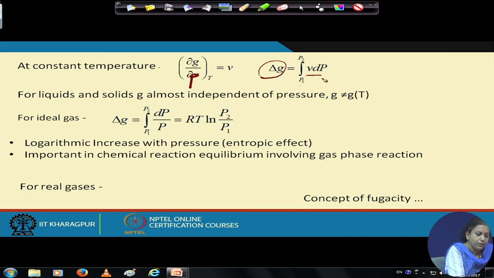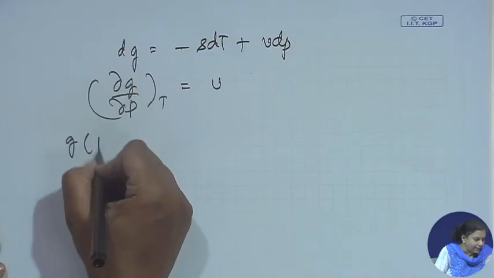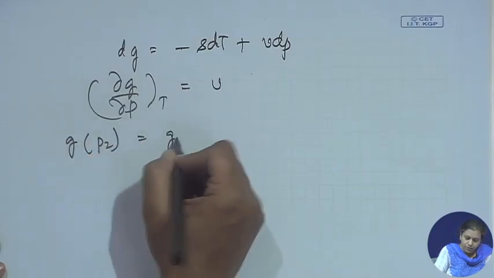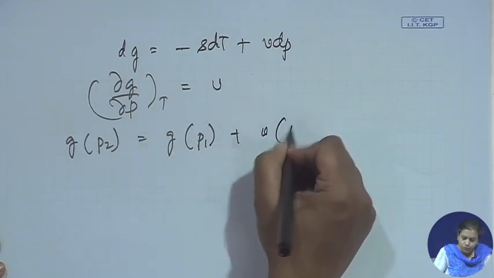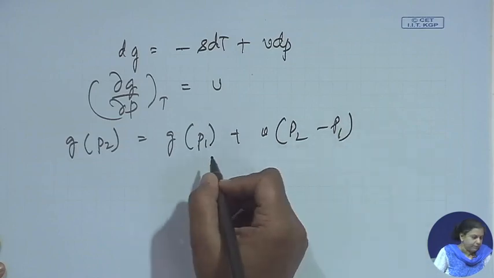So, for solids and liquids, what can we say? We can say that delta G in this particular case, G at P2, is equal to G at P1 plus V into P2 minus P1, right.